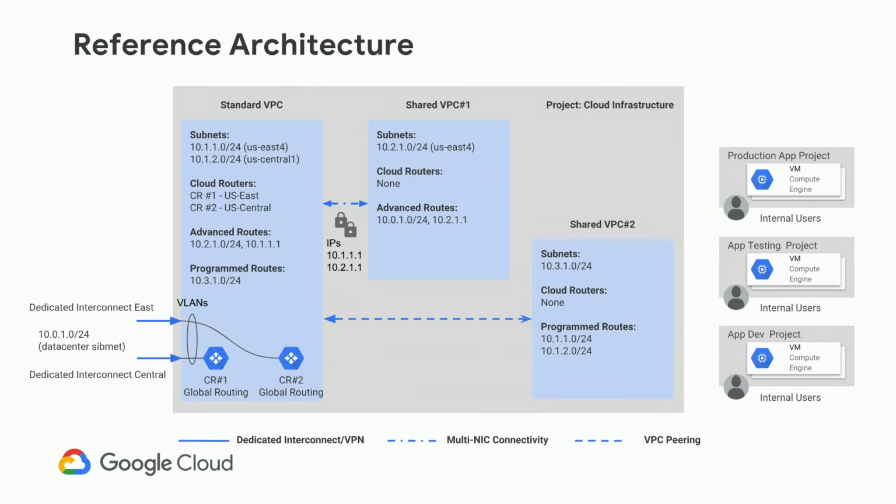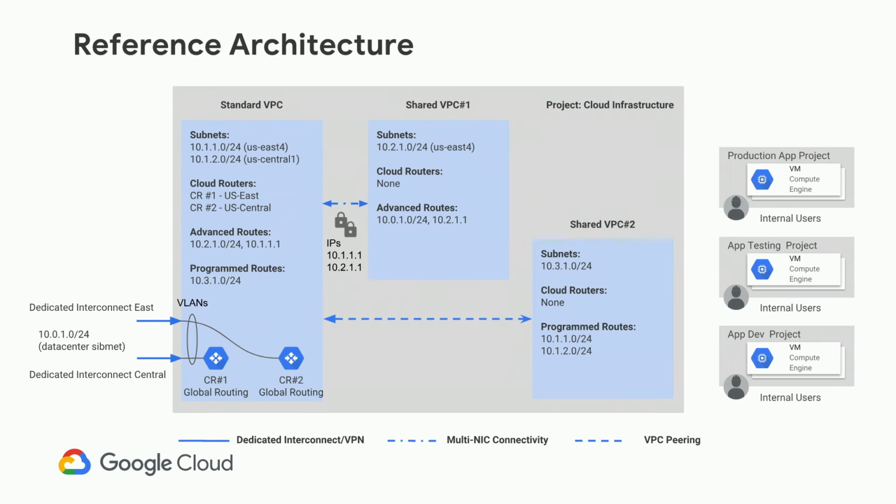Because I set this peering relationship up, I'm going to have programmed routes for 10.3 in that standard VPC. And in the shared VPC, I'm going to have programmed routes for 10.1 subnets, the 10.1.1 and the 10.1.2 subnet, because those were the subnets I created in the standard VPC. When you peer the 2 together, it's going to pre-program all those subnets into each of them. So that's what that programmed route section is.